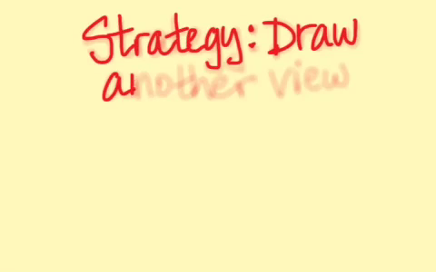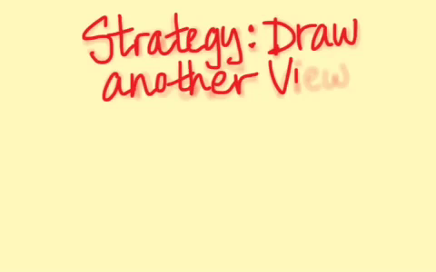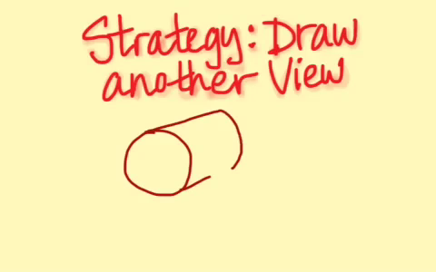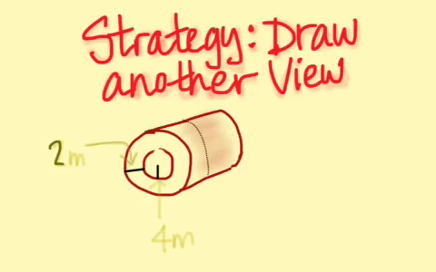Another strategy that would be useful to model for them in this situation is to draw it from another perspective. This way they can see it from another angle. So I'd like to draw it for them sideways and label it, of course.